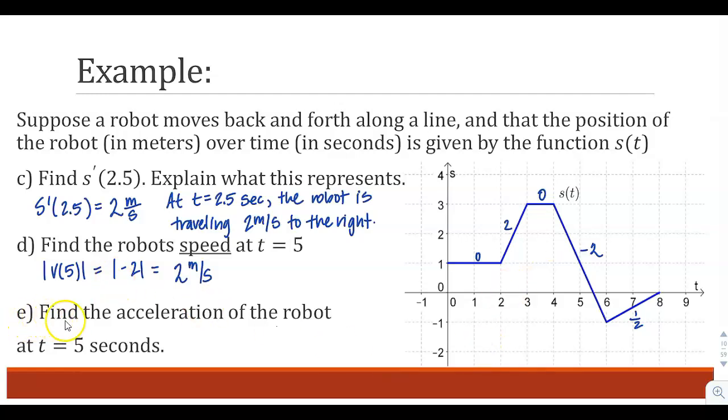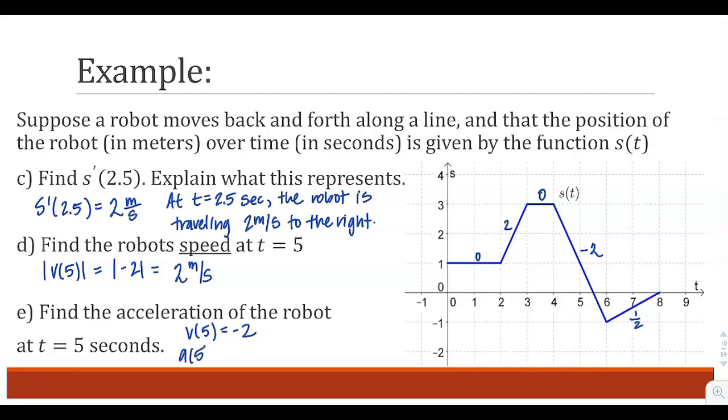In part E, find the acceleration of the robot at t equals 5 seconds. So we know the velocity of the robot at 5 seconds is -2, and acceleration is the derivative of velocity. So here's what I know. I know that v of 5 is -2. We just identified that in part D. So the acceleration is its derivative.